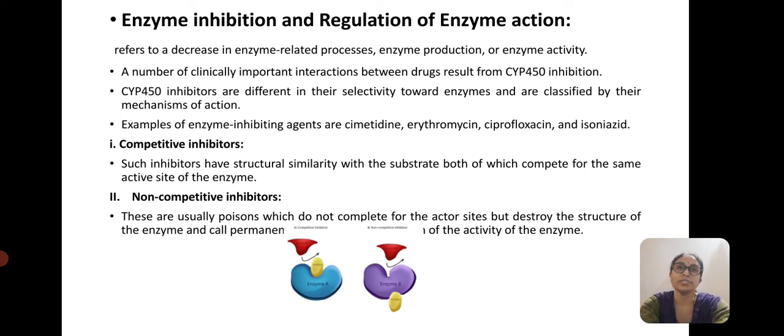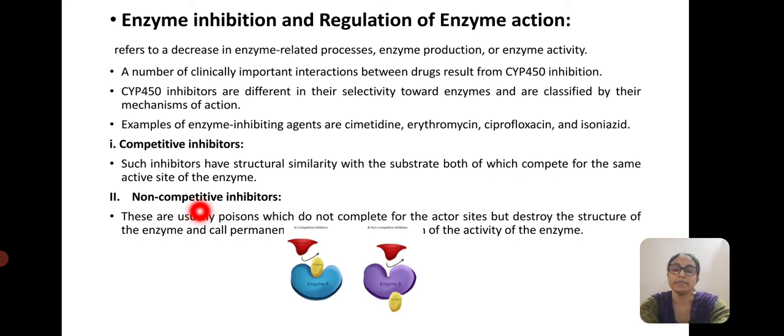Usually inhibition, we already discussed, it takes place with competitors. Competitors are of two types, that is competitive inhibitors and non-competitive inhibitors. Competitive inhibitors are the competitors which have a similar structural conformation to that of the substrates.